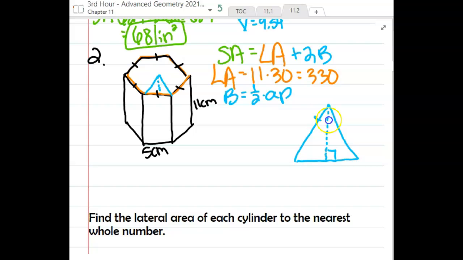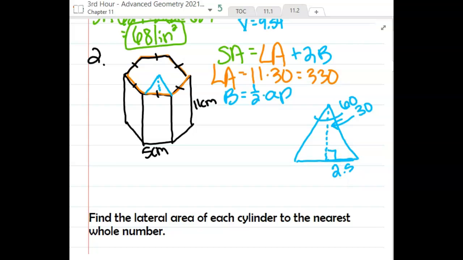So that means that this big angle is 60, but the apothem cuts it in half. So this angle here is actually 30. Also remember, this side is 5, but the apothem also cut that in half. So this side right here is 2.5.